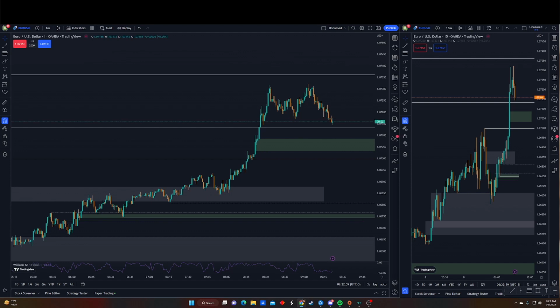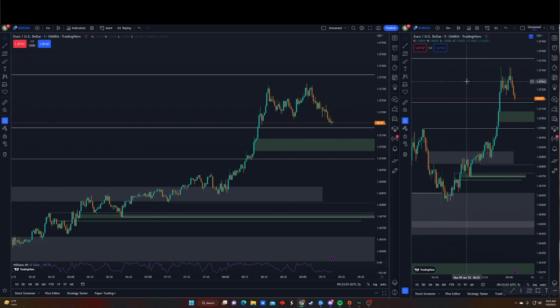Now we probably got that. Let's see. Yeah, we're definitely inside that 5 minute fair value gap. We're approaching the sell stops from last week's high. 107.362 is definitely on the table. I'm very interested.